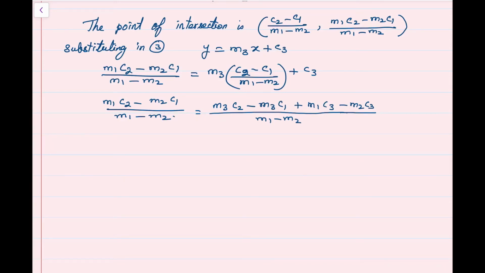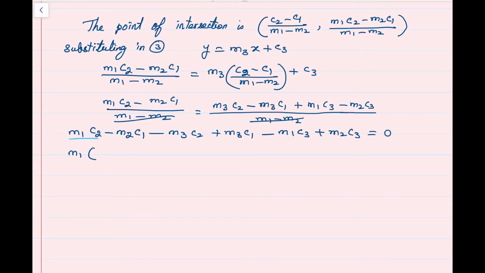We will cancel the denominators. We will write all the terms on the left hand side. m1c2 minus m2c1 minus m3c2 plus m3c1 minus m1c3 plus m2c3 equal to 0. We have m1 in this term and in this term. m1 times c2 minus c3.